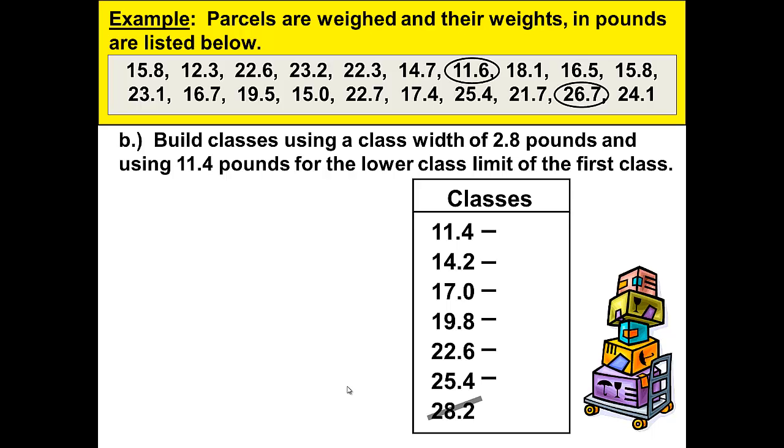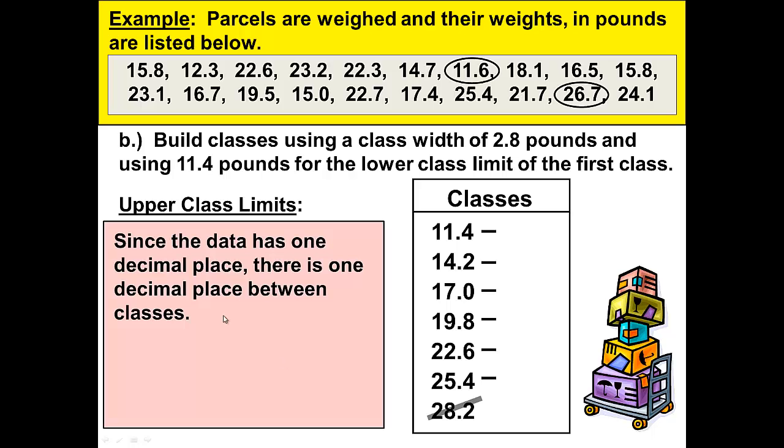Now, the classes aren't complete with just lower class limits. They need upper class limits as well. To get those, we have two ways to fill the numbers into our table. First, remember that since the data has one decimal place, there is one decimal place between the classes.